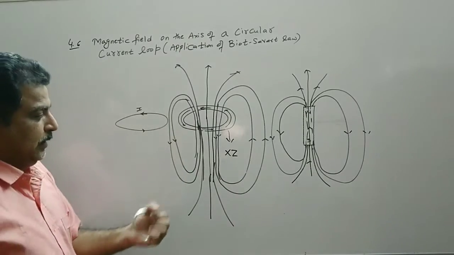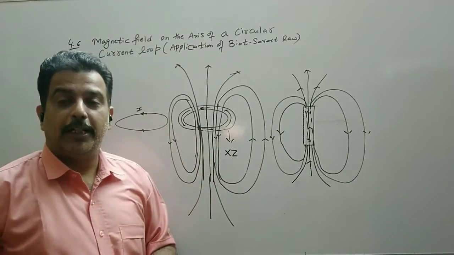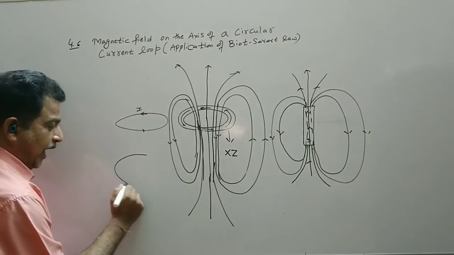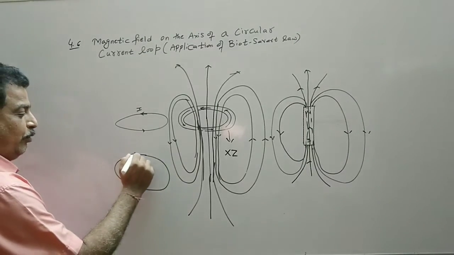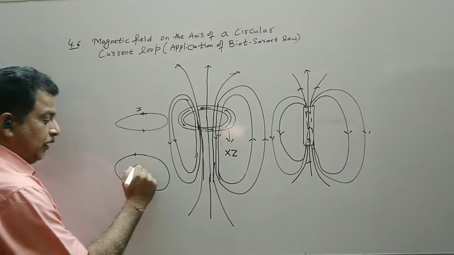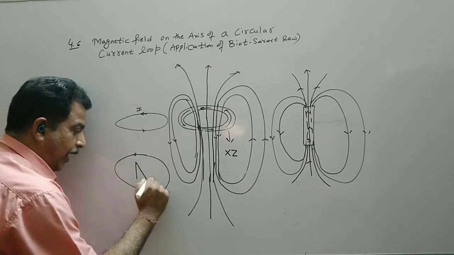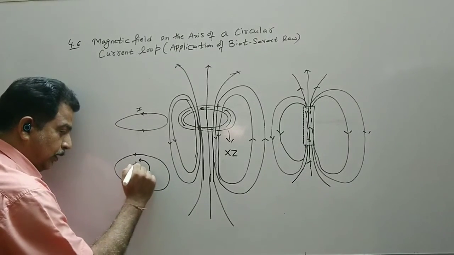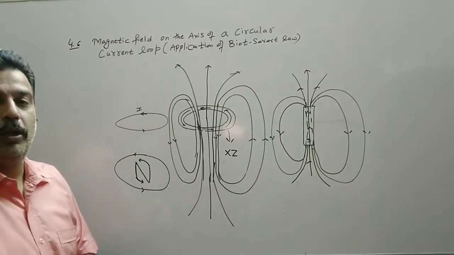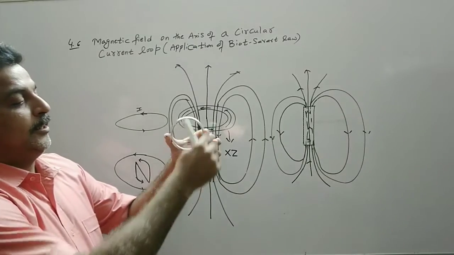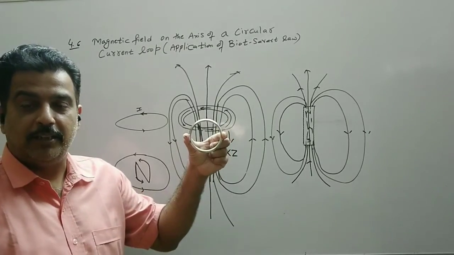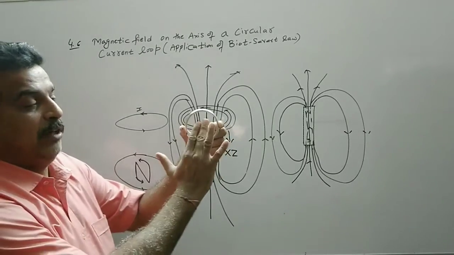So now, instead of using the rule again and again, we come to this conclusion: if in any ring the current is flowing anti-clockwise, then that side will behave like a north pole, and it is represented like this. So immediately you should remember it will behave like a north pole.